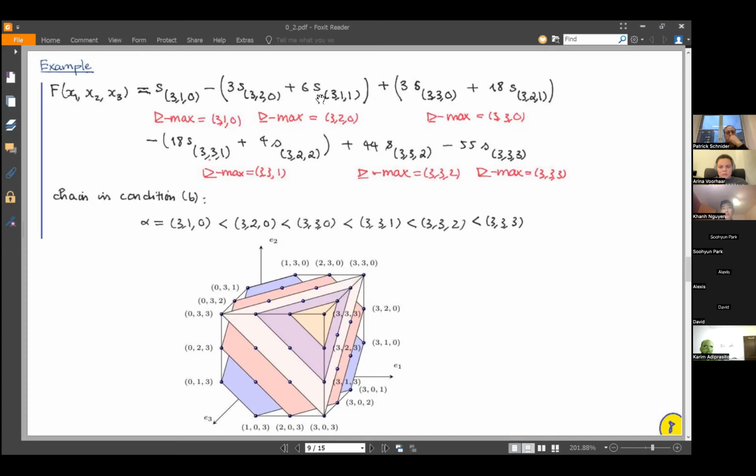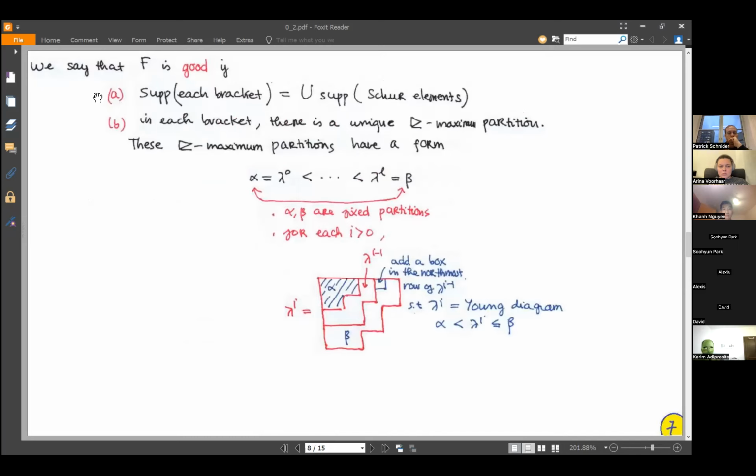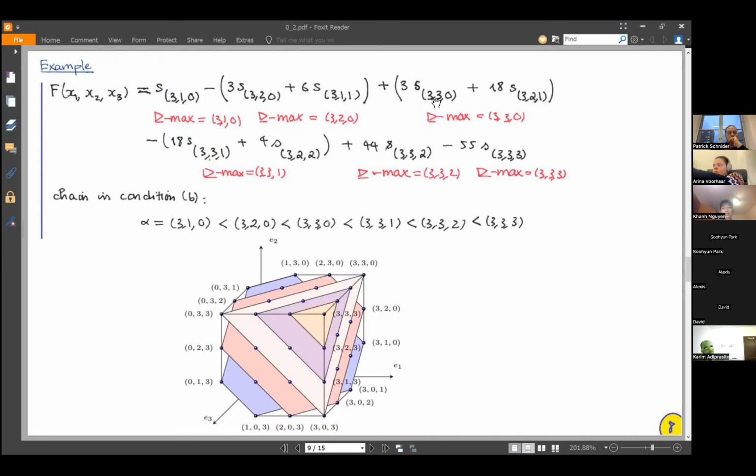For the second bracket, the sign equals 5. And the third bracket, the sign equals 6, and so on. And you see that the function f in this case satisfies the first condition A. Here, the support of each bracket equals the union of the supports of the Schur elements. It can be easily seen because the signs of the Schur elements in each bracket are the same.